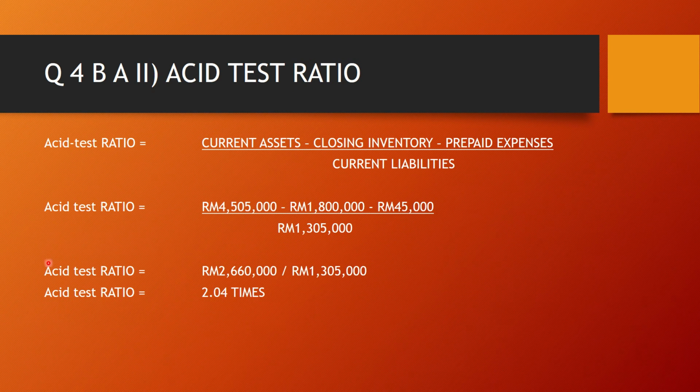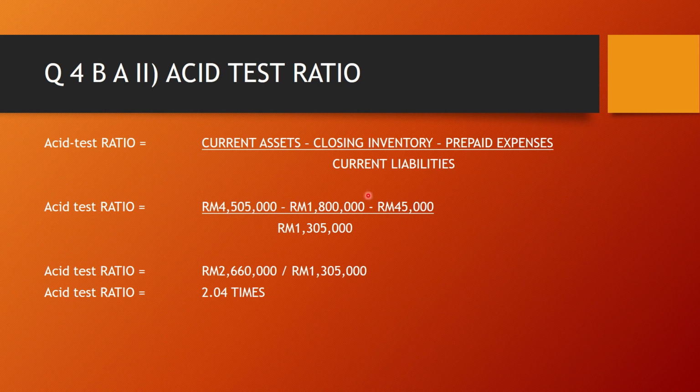The formula is current asset minus closing inventory minus prepaid expenses or prepayment, divided by current liability. The amount for current liabilities is RM1.305 million, and for total current assets, 4.505 million.